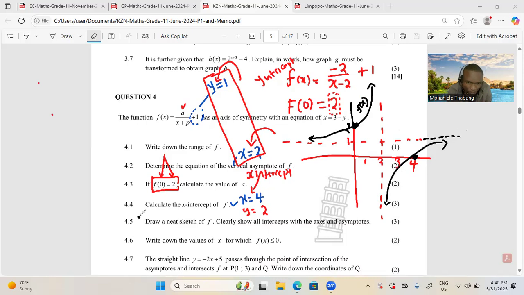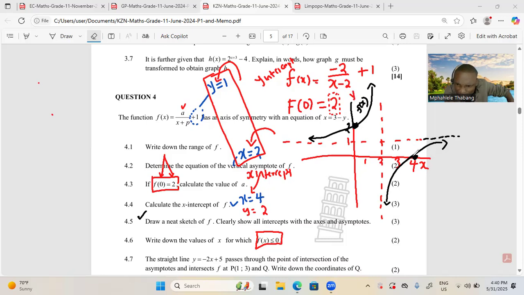That was 4.5. Now they say write down the values of x whereby f of x is below 0. f of x is below 0 if f of x is below the x-axis. Whenever f of x is below the x-axis, it means it's below 0. So my x-axis is here, my y-axis is here.